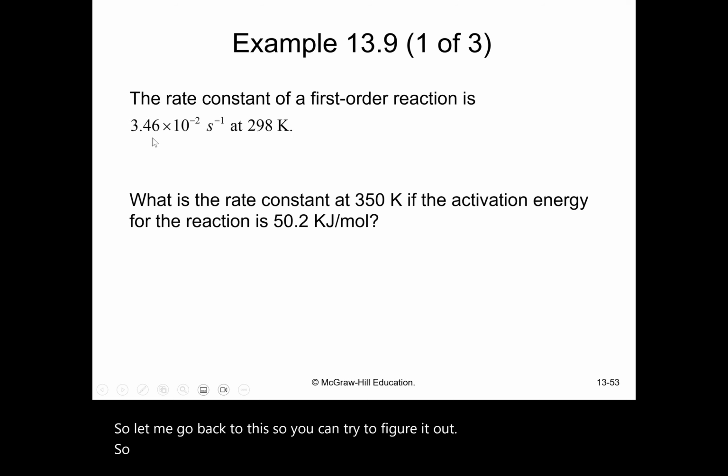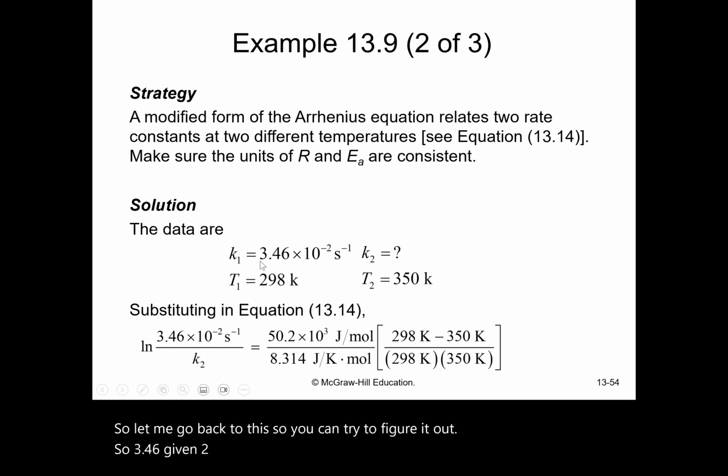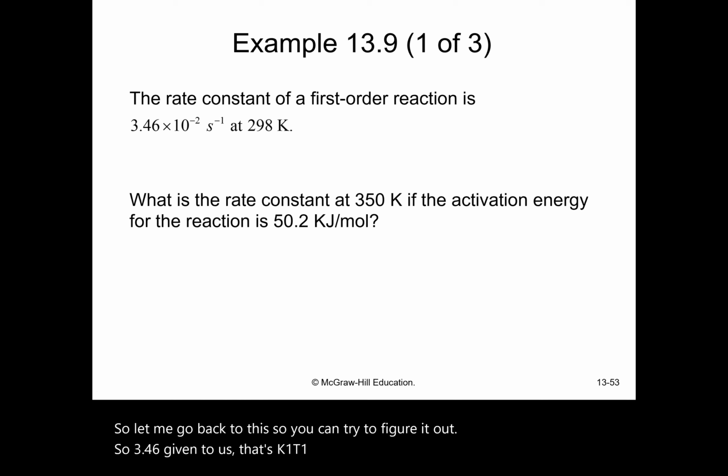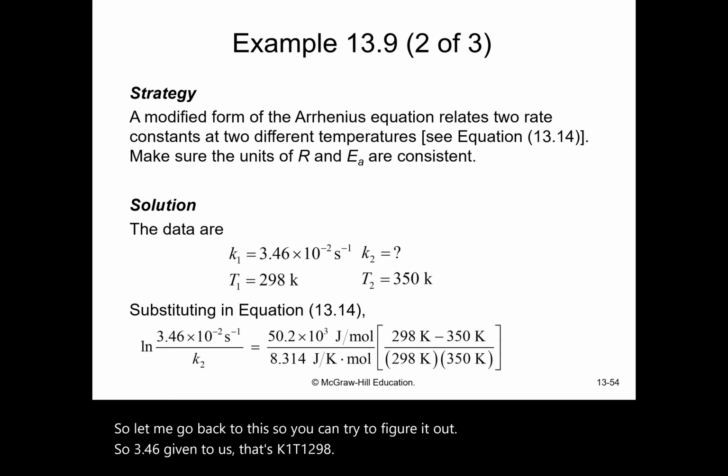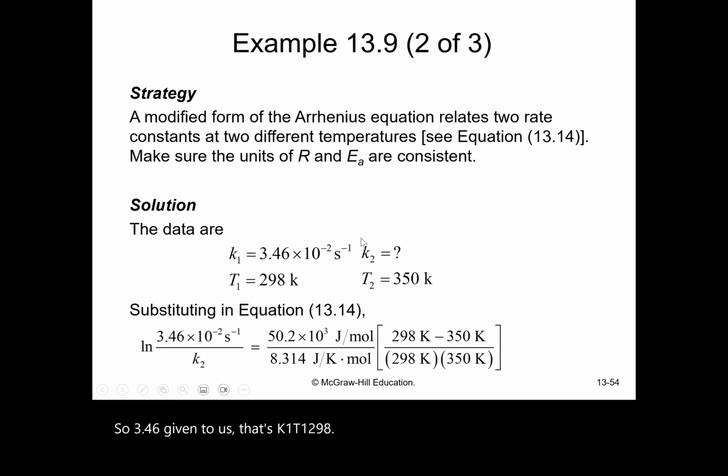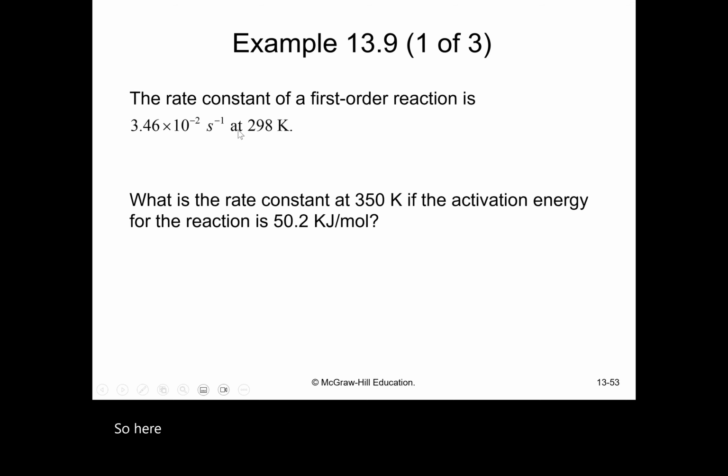So 3.46 given to us, that's K1, T1, 298. Well, we're trying to figure out K2, and T2 is 350. So here, this is our 298 Kelvin, and we're trying to figure out the rate constant at 350.